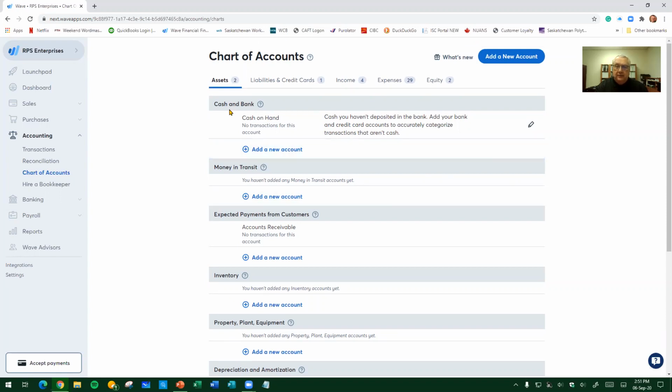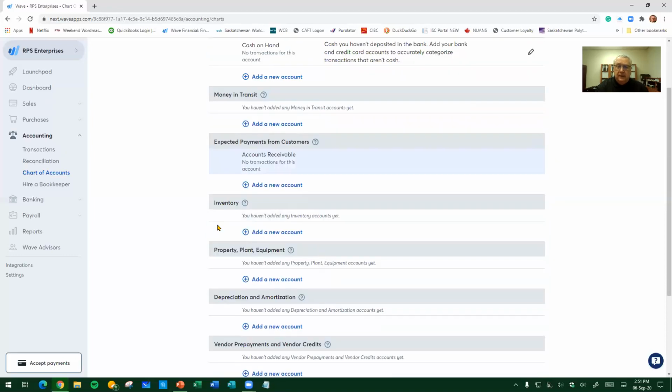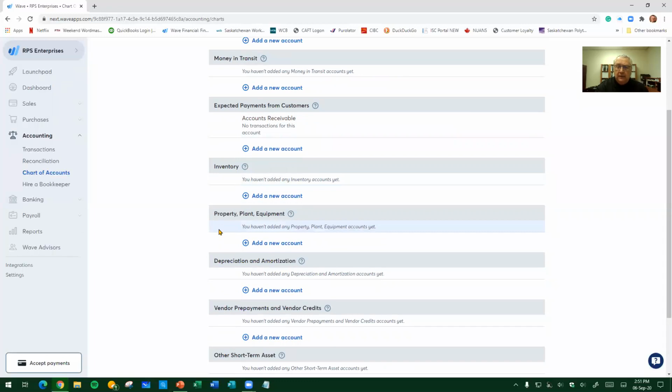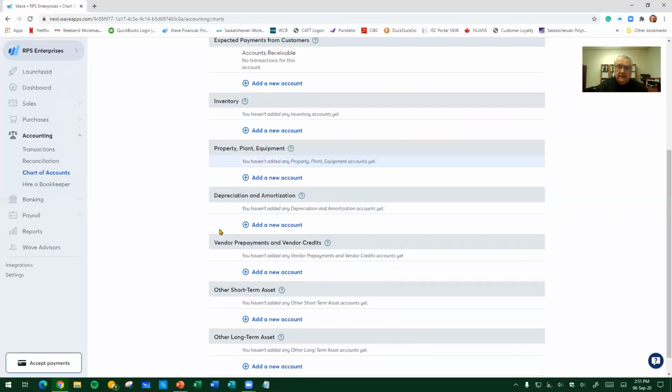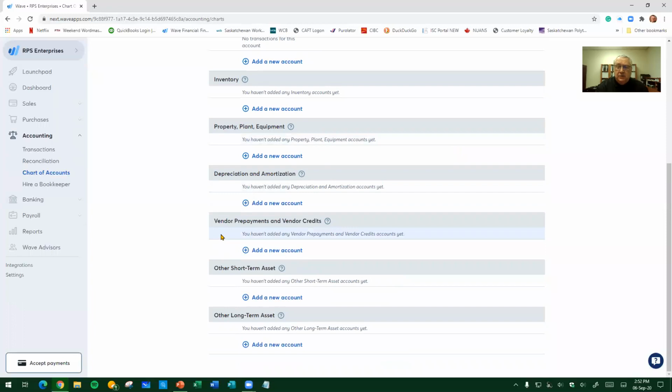Cash and bank is an asset account. Money in transit is an asset. Expected payments from customers, or another set of words that are commonly used, accounts receivable, that's an asset for the organization. Inventory is an asset. Property, plant, and equipment is an asset. Prepayments or prepaid expenses, that's an asset.